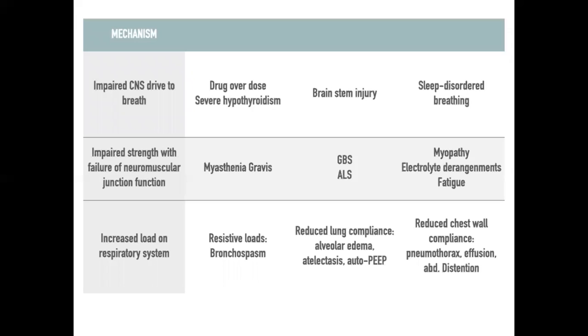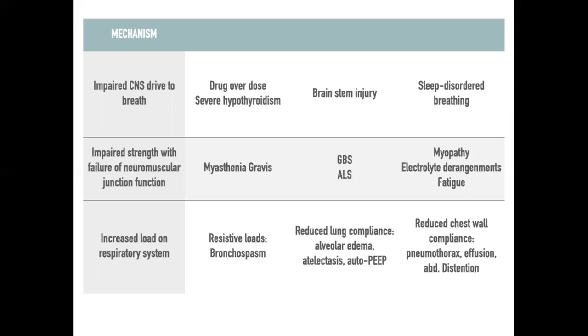The other reason why ventilatory failure could happen is if there is impairment in the strength of neuromuscular function, as seen in myasthenia gravis, Guillain-Barré syndrome, amyotrophic lateral sclerosis, and severe muscle weakness brought about by myopathy, severe electrolyte derangements, and fatigue.